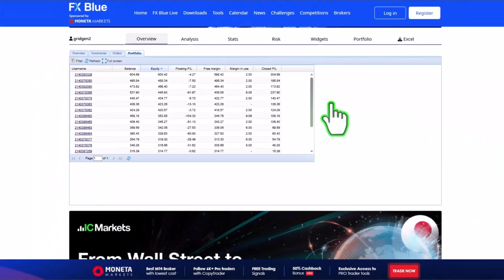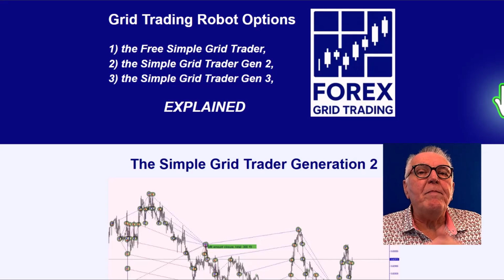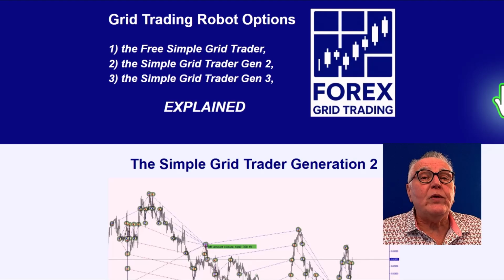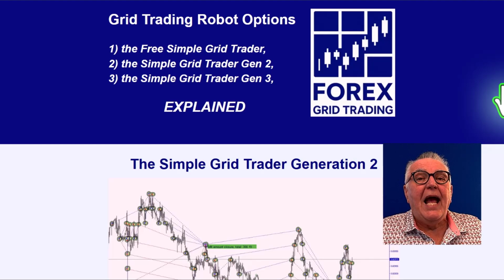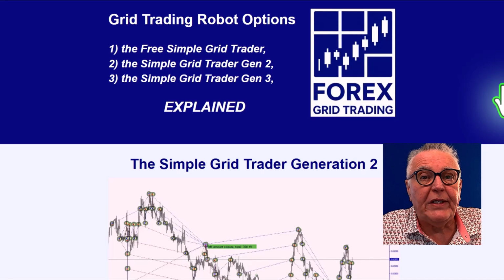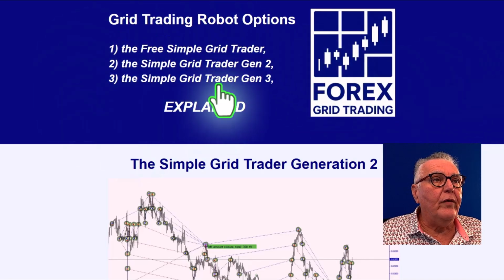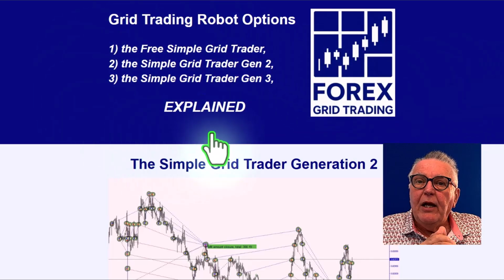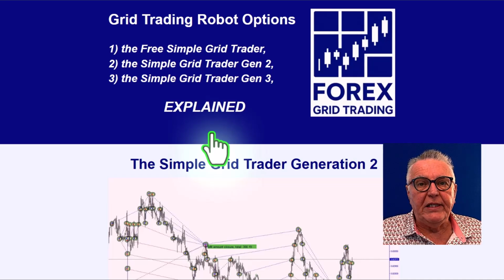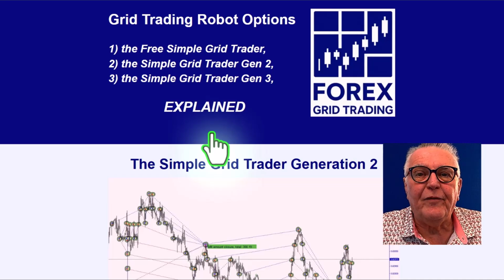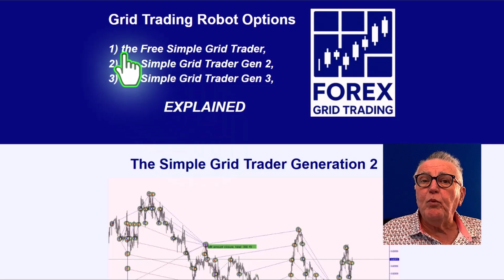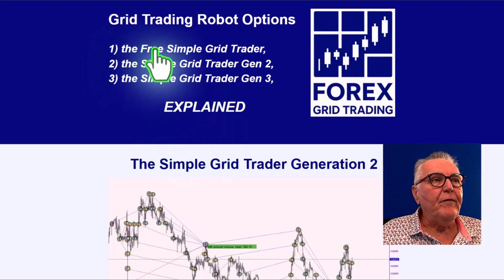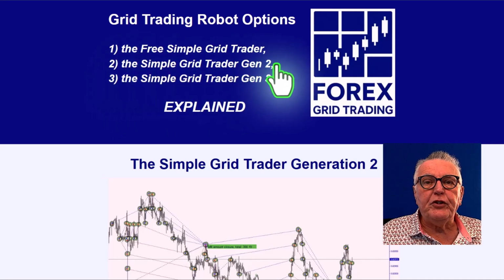40% return. Okay, now the most important thing: where can you get these EAs and the free versions of these EAs? And here we are on the web page, and a link to this web page will be in the description of the video, as well as in the first commentary. So this web page covers the free EA, the generation 2, and the generation 3.